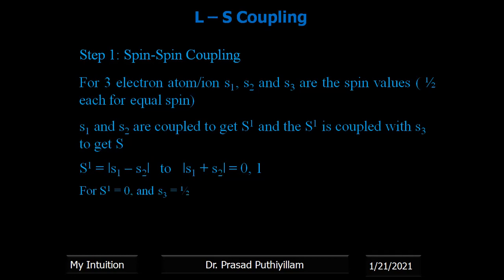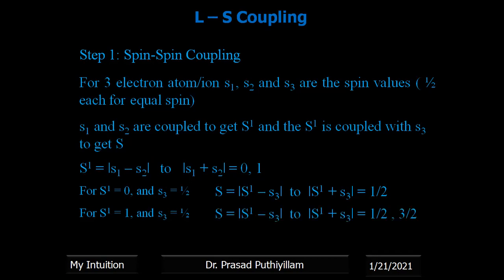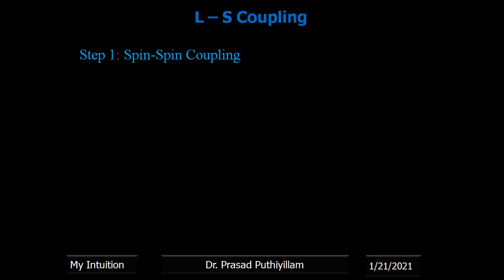If S dash is 0 and s3 is half, then coupling gives 0 minus half to 0 plus half, that is half only. If S dash is 1 and s3 is half, then the spin coupled values will be 1 by 2 and 3 by 2. Therefore, the spin coupled values are 1 by 2, 1 by 2 and 3 by 2.